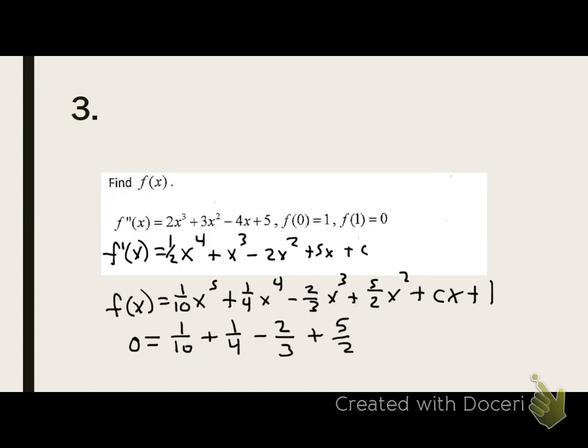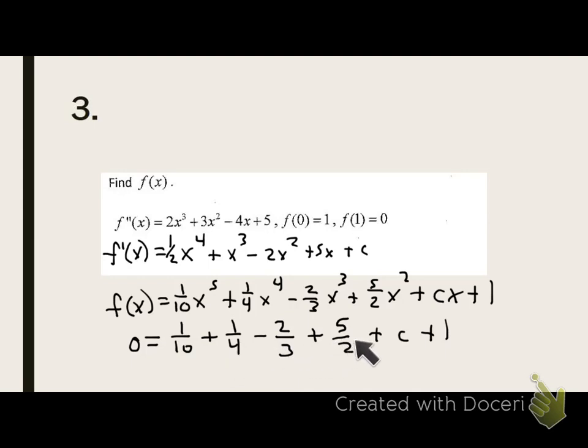Some of you are in panic mode right now. You're going, if this isn't a calculator, I'm in trouble. What's the common denominator here?